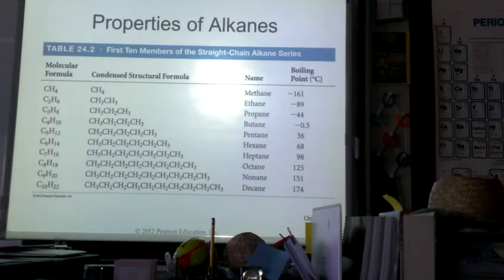Okay, so the first 10 members of the straight chain alkane series, there's all of the following names, including their boiling points as well. And there's one thing that we need to know just in terms of writing down, like how do we know it's methane, how do we know it's ethane, how do we know it's propane.